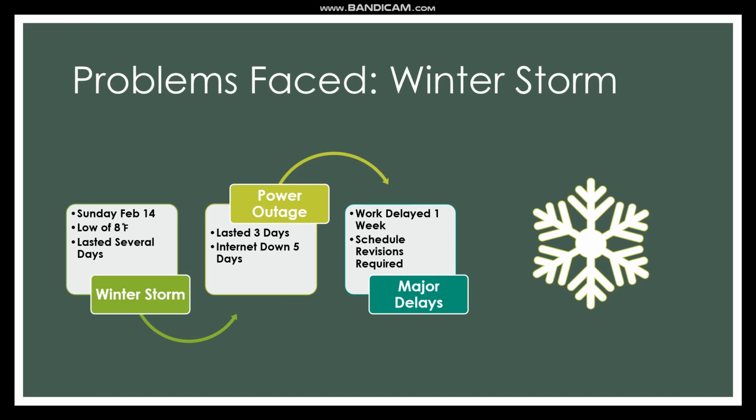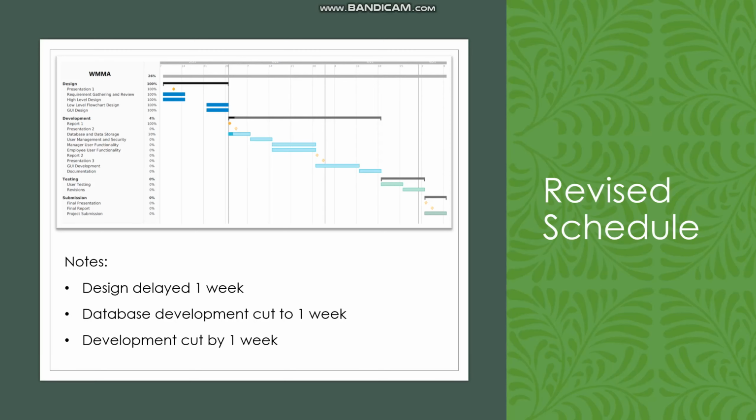And all of the ice and snow caused power outages across Houston. Personally, my power outage lasted 3 days, and the internet was then down for 5 days overall. And this severely impacted the progress of the project. It led to a delay of 1 week where no progress was made, and it caused me to revise some of the schedule, which I'll get into now.